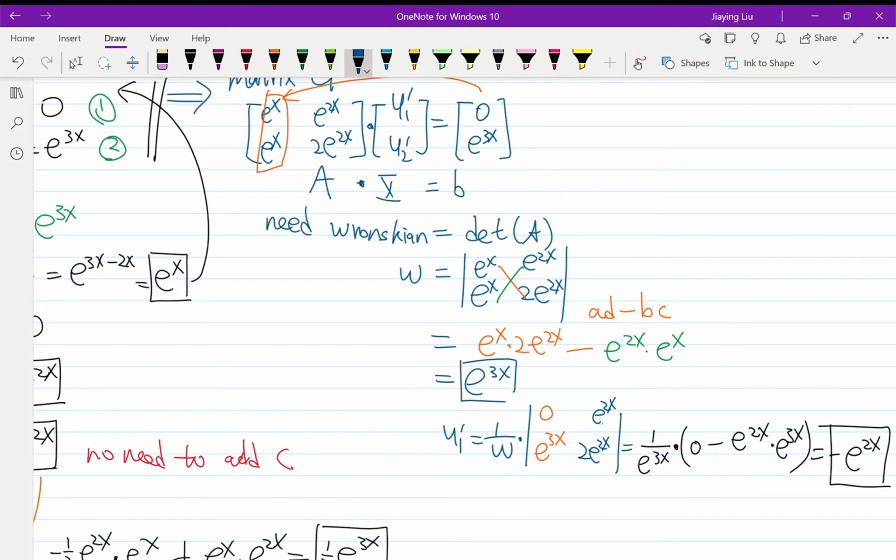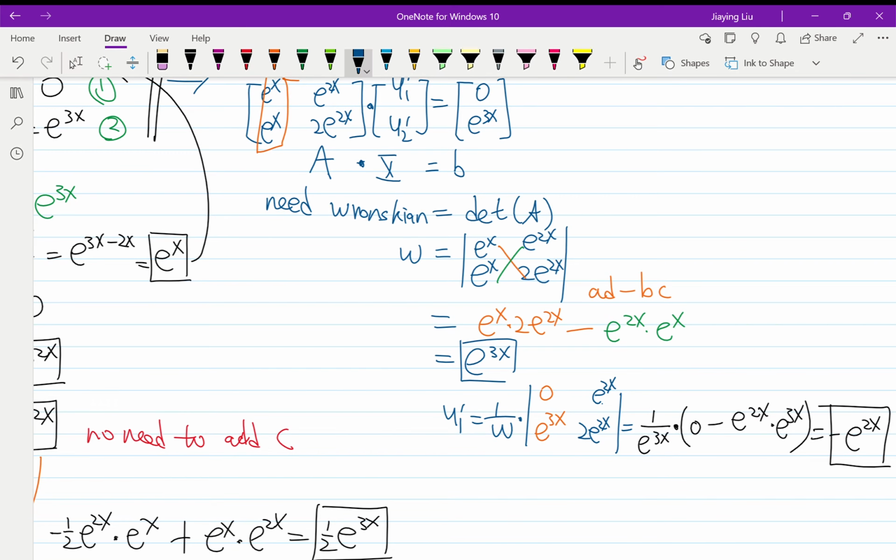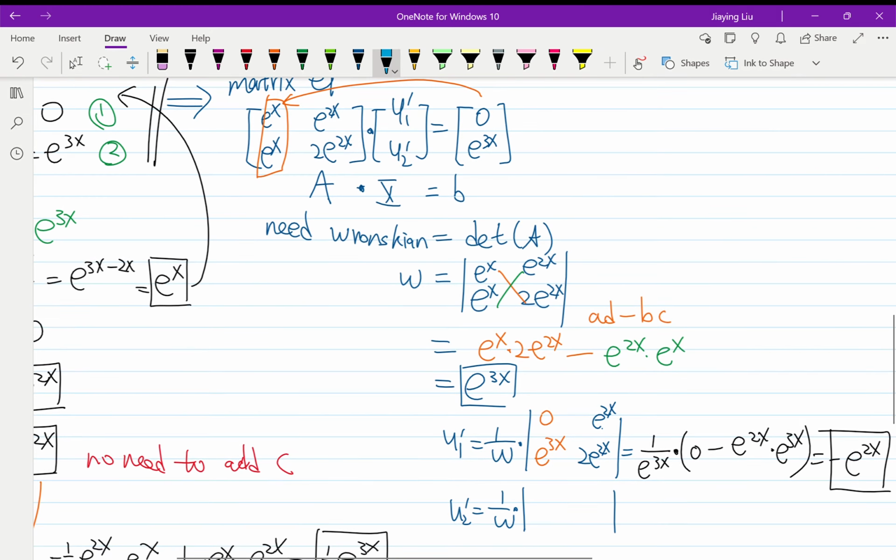To find the second variable, u2 prime, it's the same formula. It's going to be 1 over W times the determinant of a matrix. And the second matrix is not the same as the first matrix. This second matrix is given by taking the A matrix again, but we're going to replace the second column with the right-hand side.